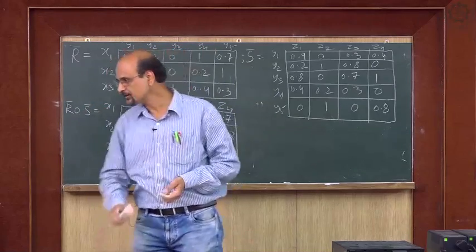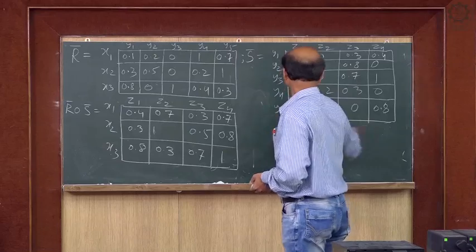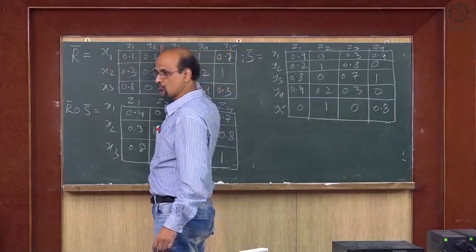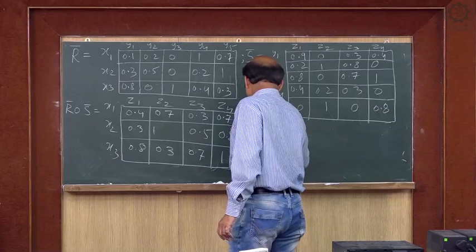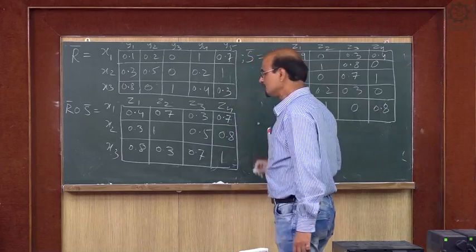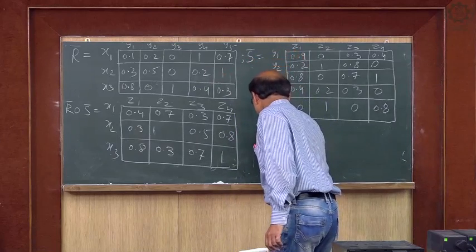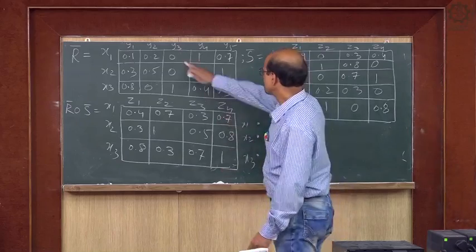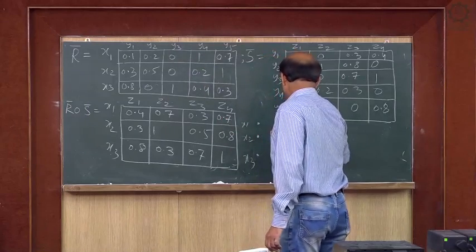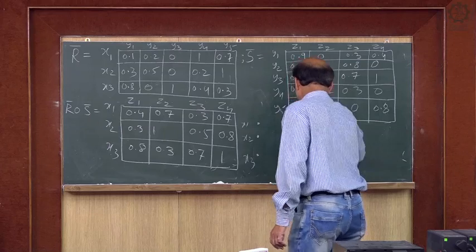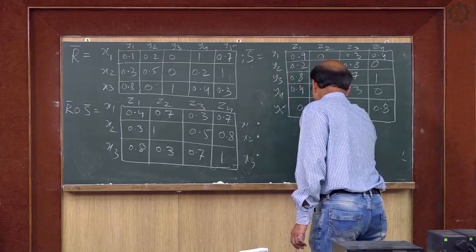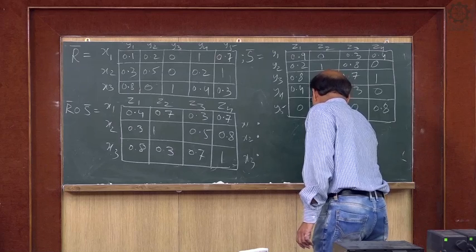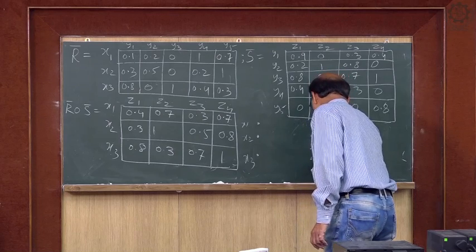Now, actually what is happening? See, I have the relation matrix from X to Y. So, if I draw the diagram, I have X1, X2, X3, and Y values we have Y1, Y2, Y3, Y4 and Y5.